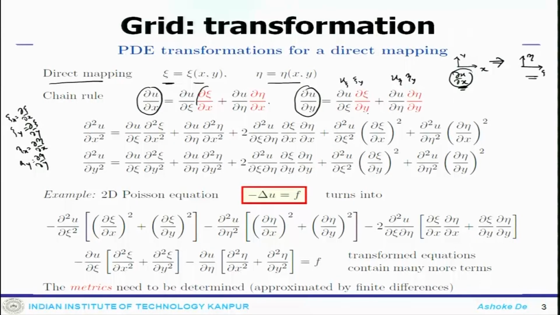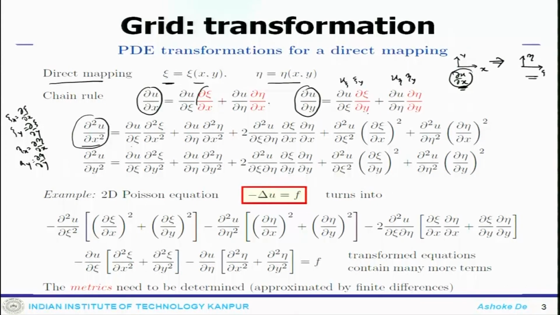Similarly, if you look at the second derivative, del 2 u by del x2 will have del u by del xi times del 2 xi by del x2, and similarly del u by del eta times del 2 eta by del x2.